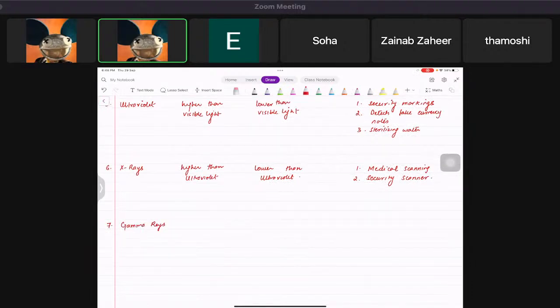So gamma rays have the highest frequency and the lowest wavelength of all of these. And they have uses too. They are used in sterilizing food. They can kill every germ, bad or good.